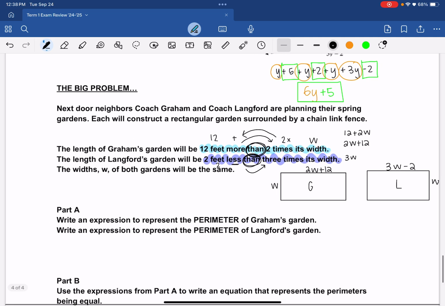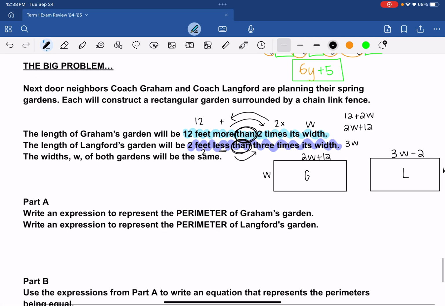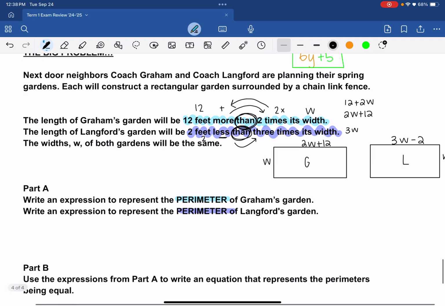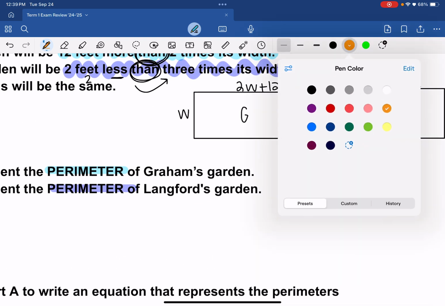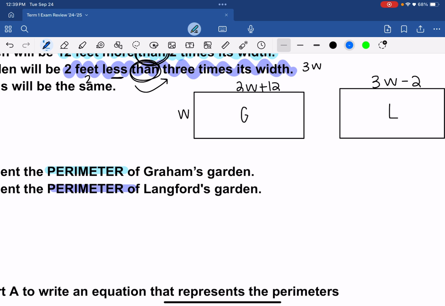It says write an expression to represent the perimeter of Graham's garden and the perimeter of Langford's garden. So perimeter is adding all the sides. Would you agree that opposite sides are congruent? So this is also 2W plus 12, and this is also W. This is W, and this is 3W minus 2.